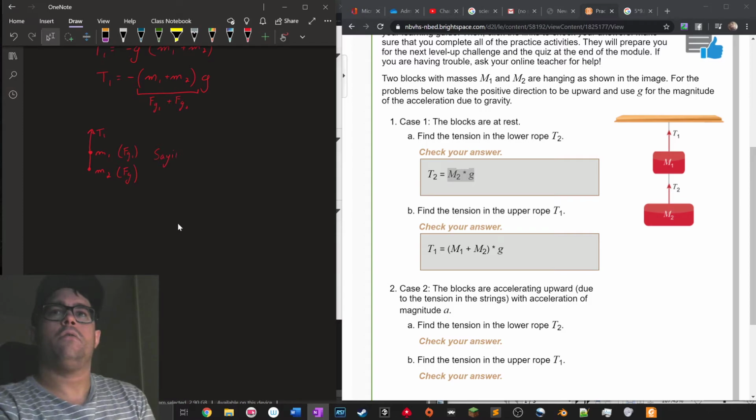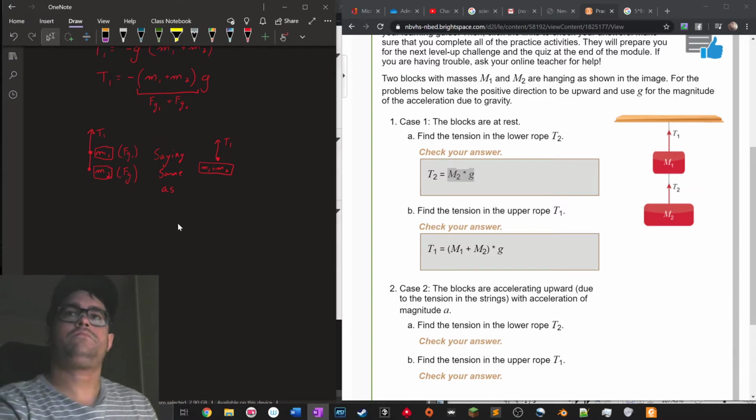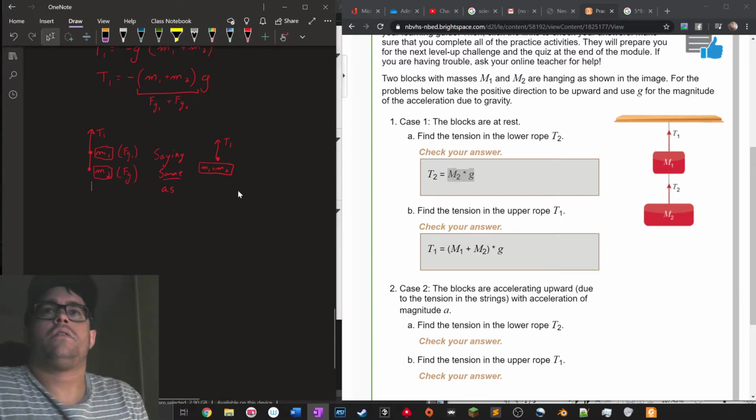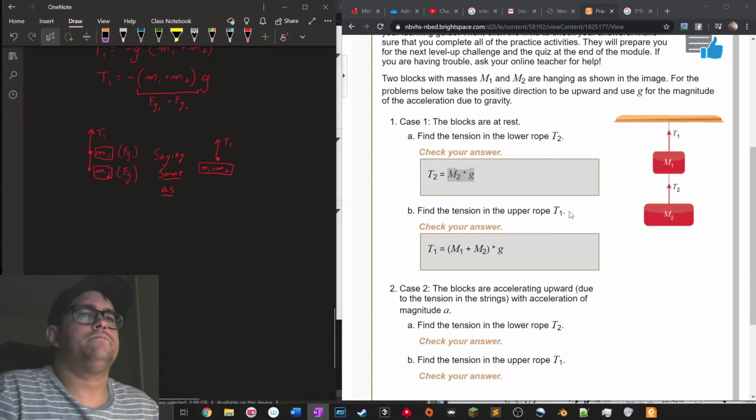It's saying it's the same as having one mass of M1 plus M2 and fighting against that as one mass instead of two masses. So this is what it's saying. Saying it's the same as that.